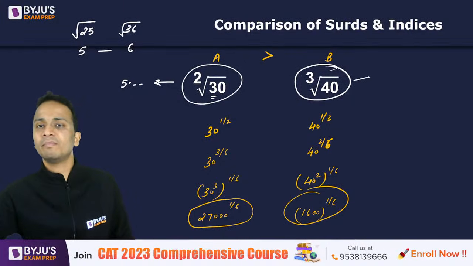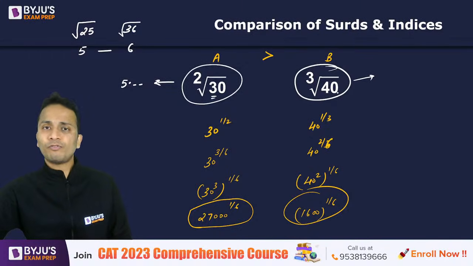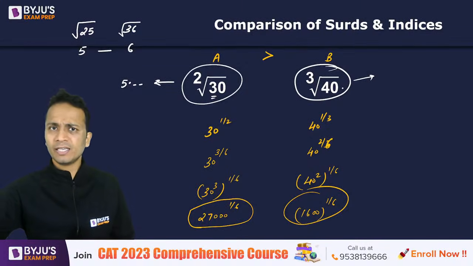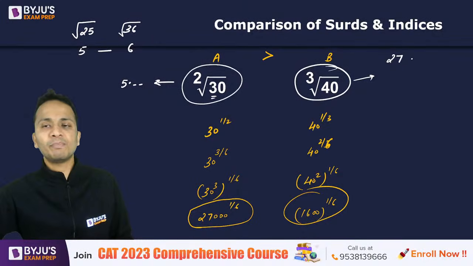Let's look at the second number, cube root of 40. Let's consider perfect cubes. 27 is a perfect cube and after that 64 is a perfect cube. So cube root of 27 is equal to 3 and cube root of 64 is equal to 4.